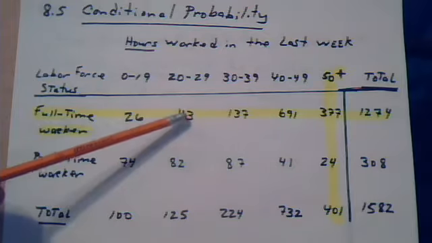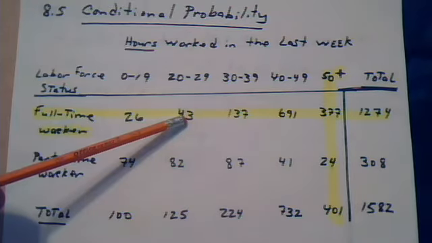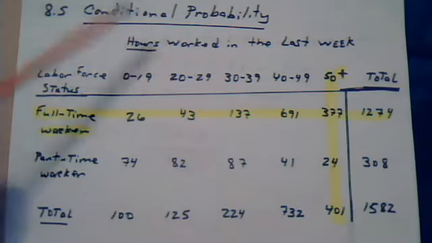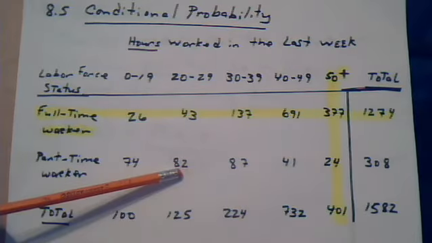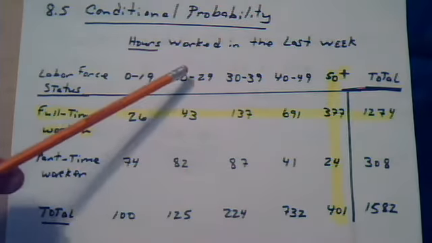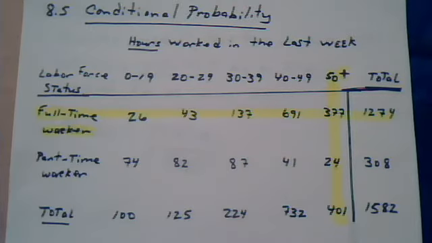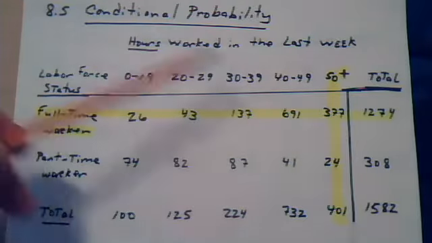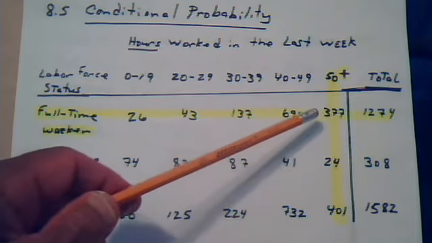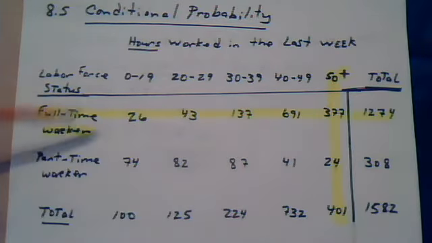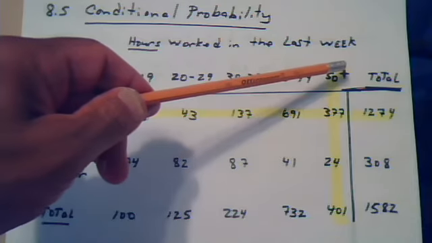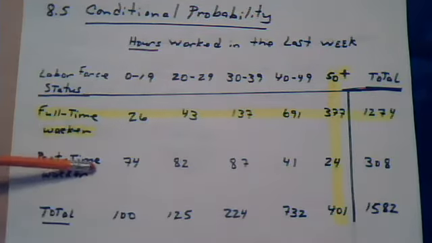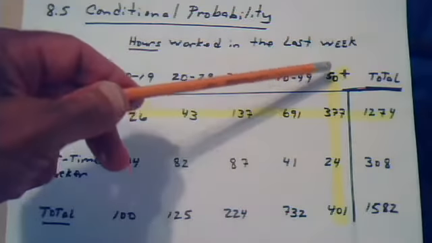One more: there were 43 full-time workers that worked from 20 to 29 hours, and there were 82 part-time workers that worked from 20 to 29 hours. If you go to the end, you'll notice that there were 377 full-time workers that worked 50 or more hours, and there were 24 part-time workers that worked 50 or more hours.